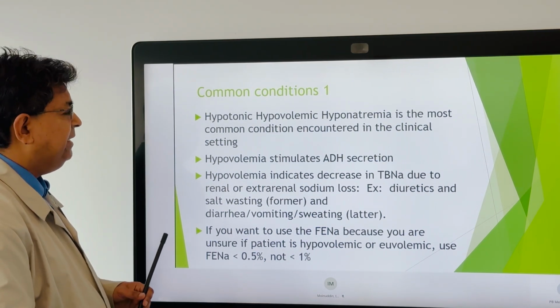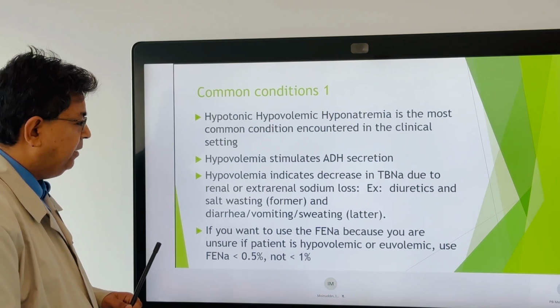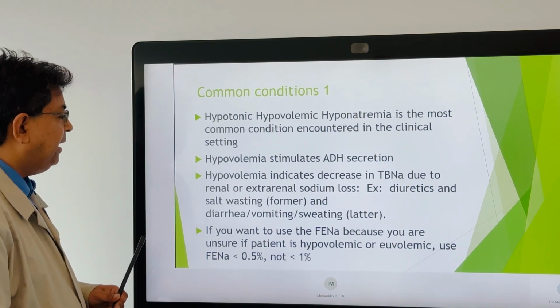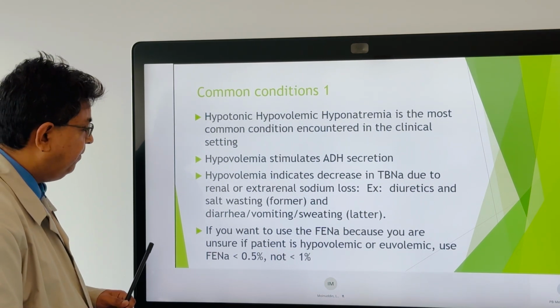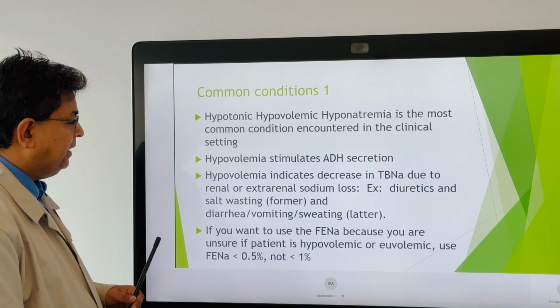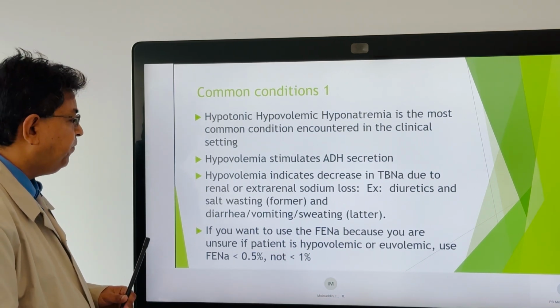Hypovolemia also indicates a decrease in total body sodium due to renal or extrarenal sodium loss. Diuretics and salt wasting would cause renal losses of sodium. Diarrhea, vomiting, and sweating would cause extrarenal sodium loss.